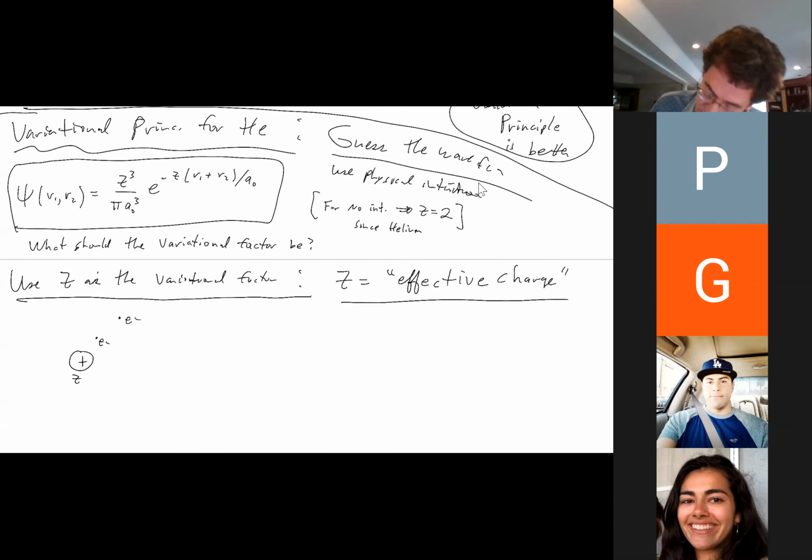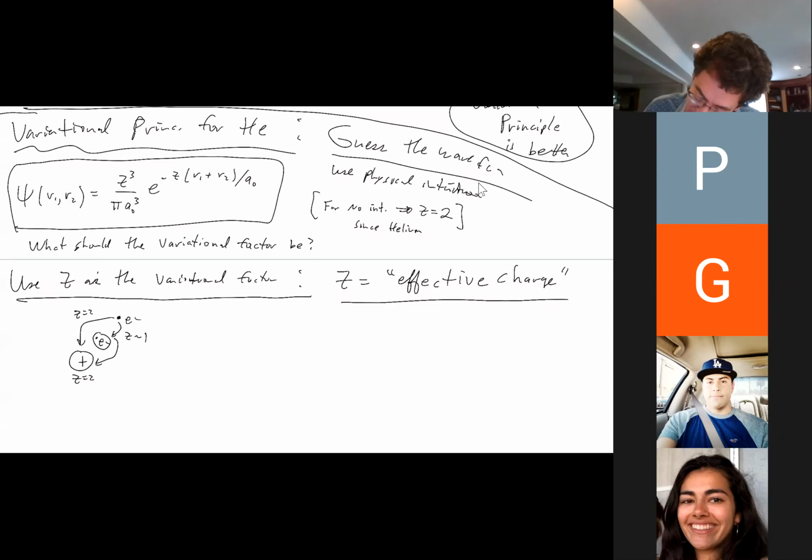Let's say Z equals 2. Normally, if the other electron wasn't there, this electron would just see Z equals 2. But because the other electron is there, this electron sees really Z around 1, because it's screened, although it's not exactly 1.